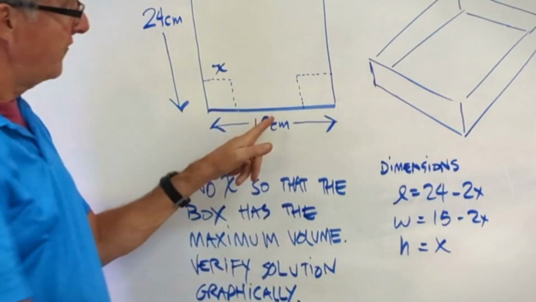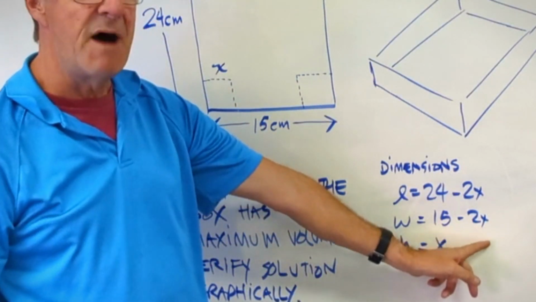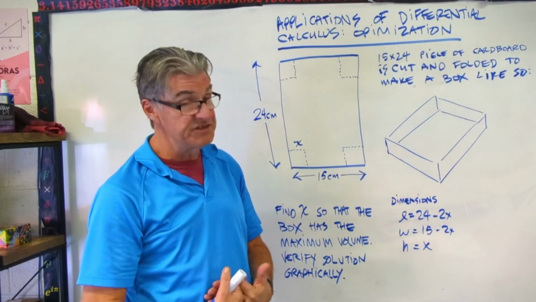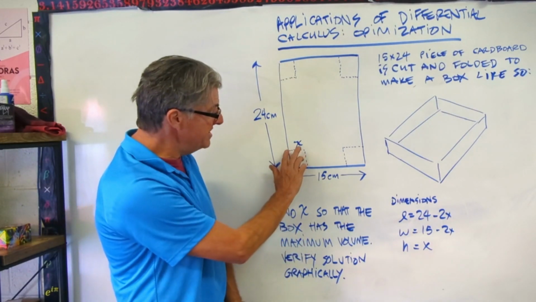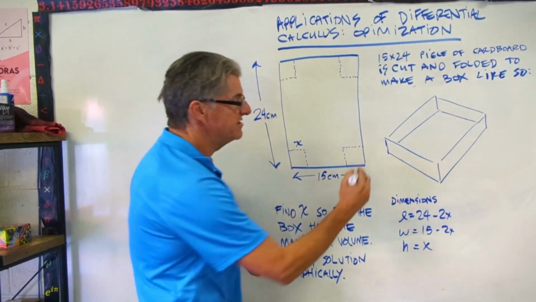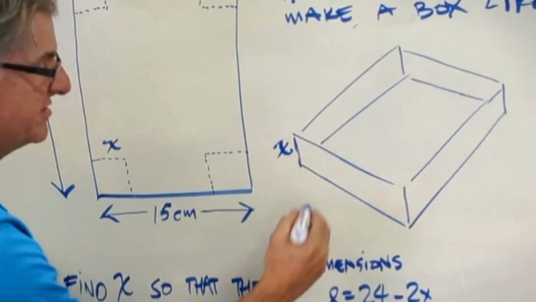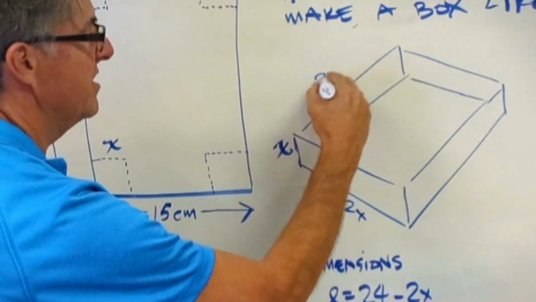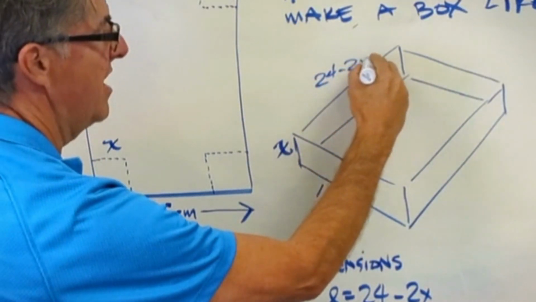So what's left for the width is going to be 15 minus 2x. Finally, we need the height for the volume, and the height is just going to be x. When we fold that side up, that distance right here is x. So this is 15 minus 2x, and this is 24 minus 2x.